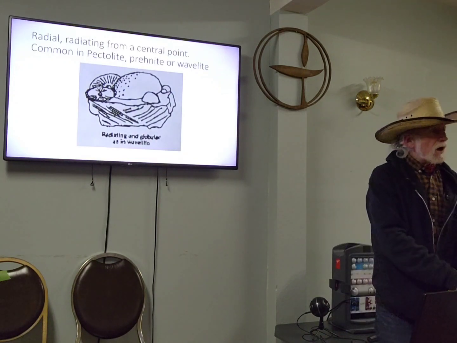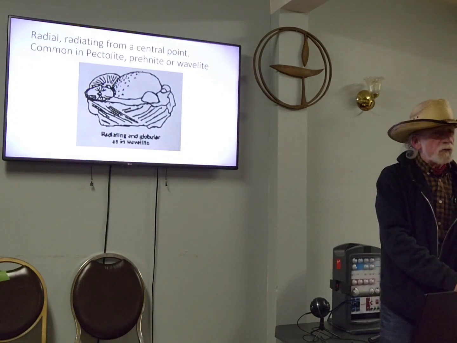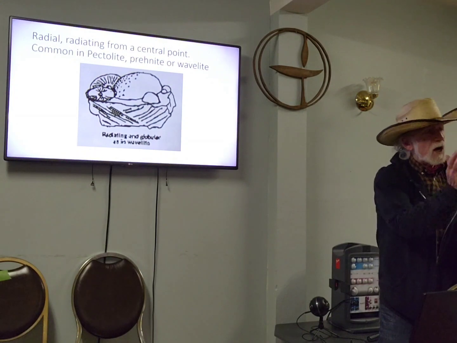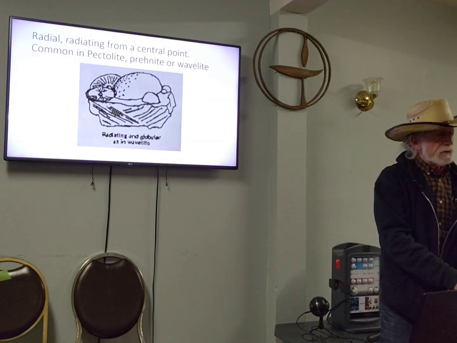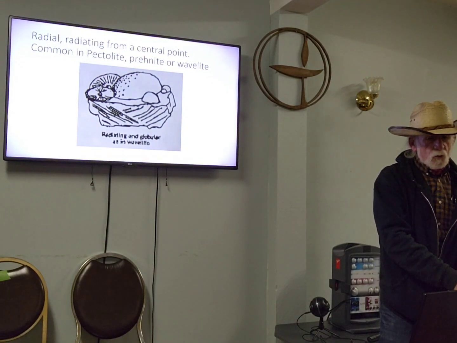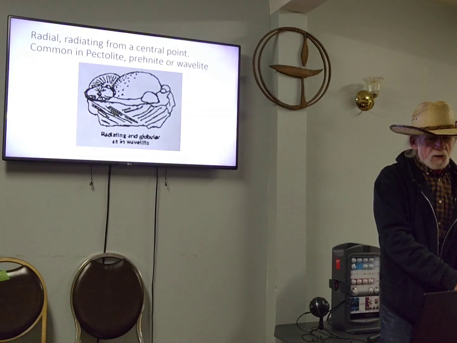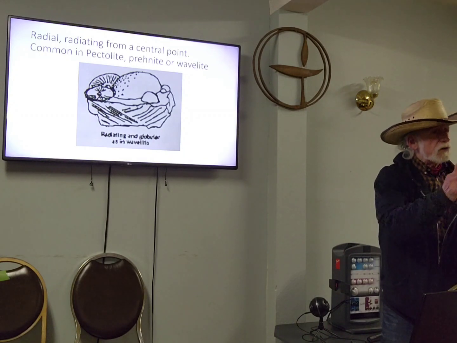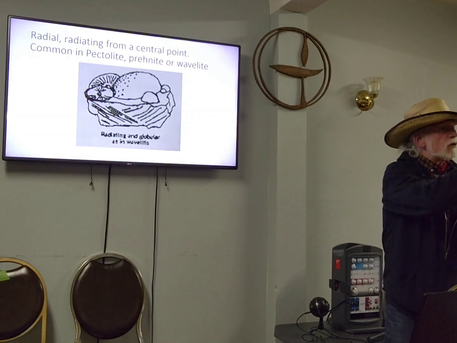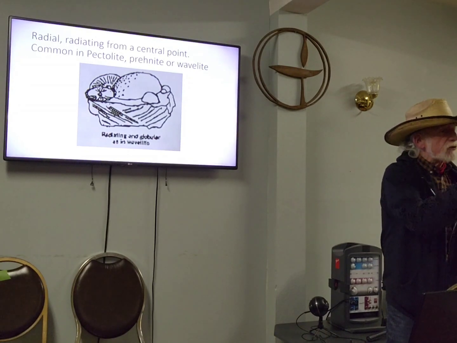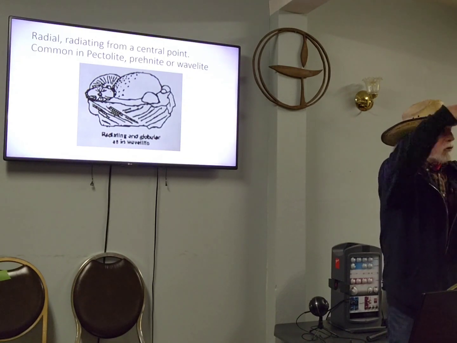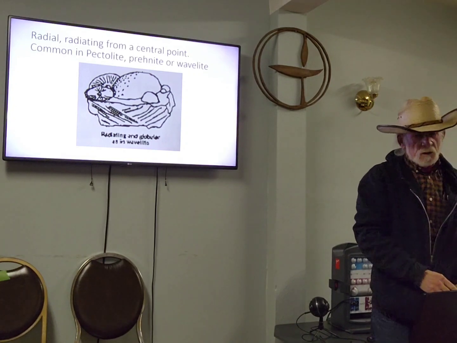Okay, then you have a radial form that forms rounded tops, kind of like half grapes, or sort of like a reverse raindrop. This is common in pectolite, prehnite, wavellite. If you know the minerals, they always occur in these radiating structures, and they grow from the center outward, and they fill in.